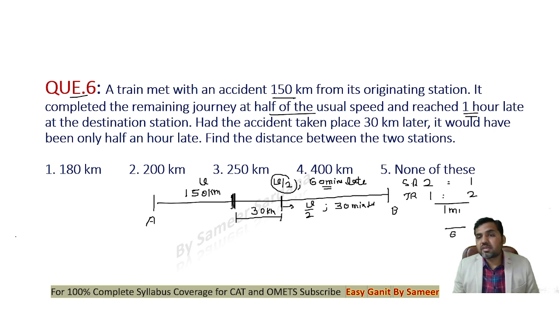I'm getting late by 60 minutes, which means earlier I was taking 60 minutes to travel the distance, but now I'm taking a total of 120 minutes. So from this point to this point, the train is taking a total of 120 minutes at this speed.